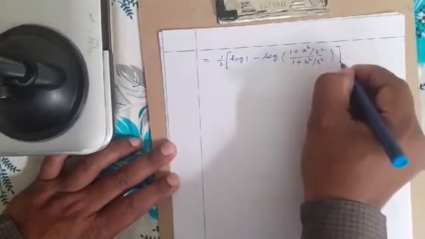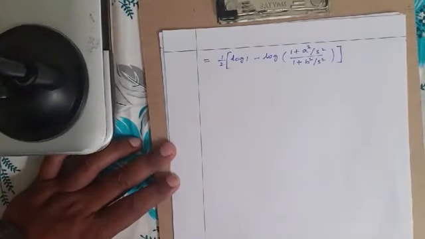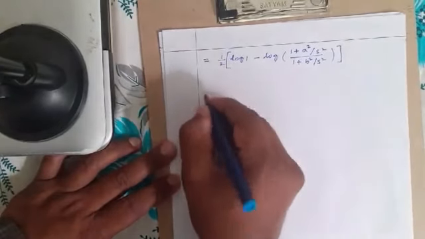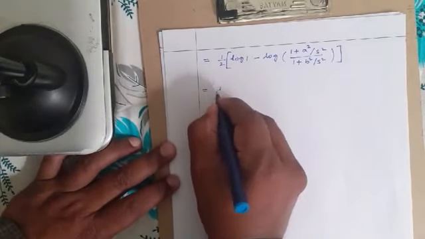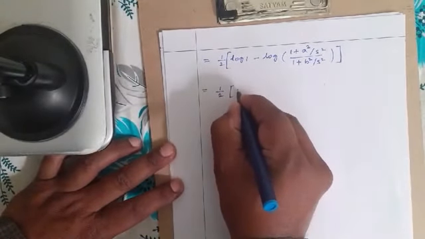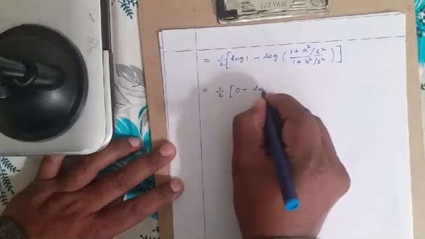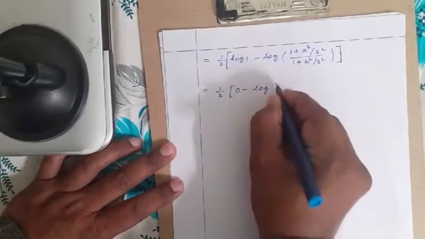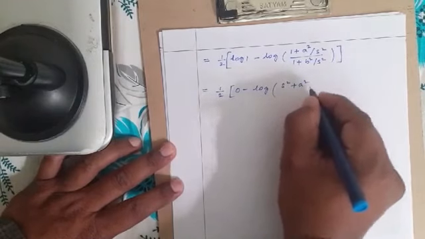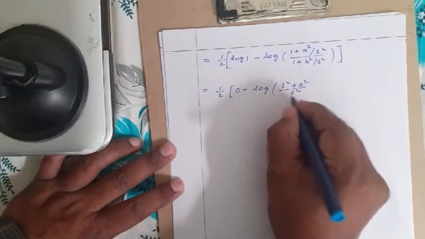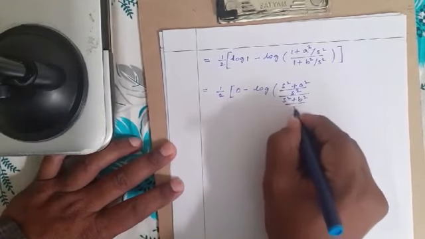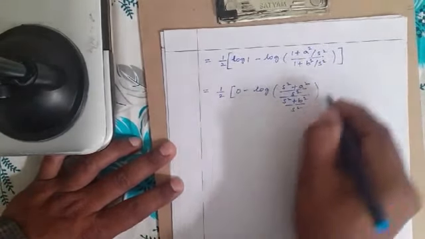Just close the bracket. Now you know log 1 is nothing but 0, so I can write this as 1 upon 2 in bracket, so writing 0 here, then log. Now cross multiply, this becomes s square plus a square upon s square plus b square upon s square.